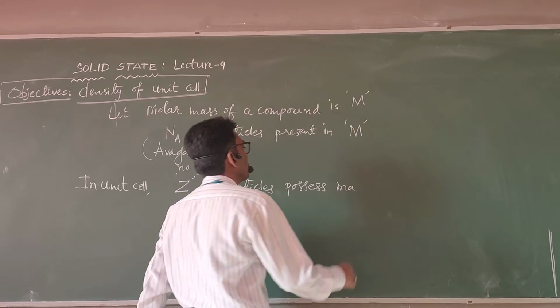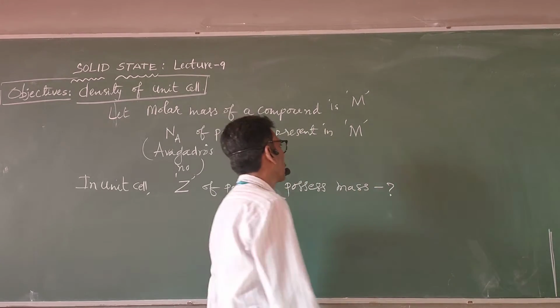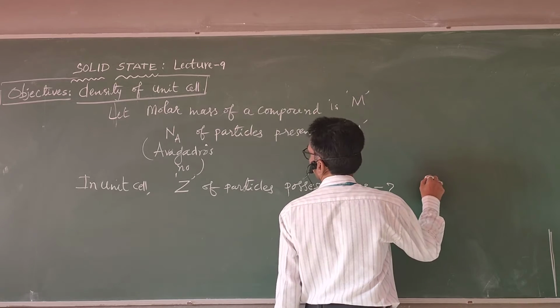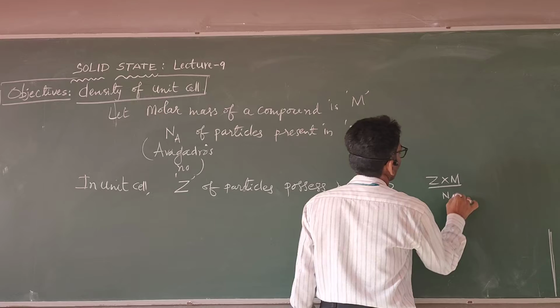Then these possess mass how much? By cross multiplication, that is Z into M by Na.